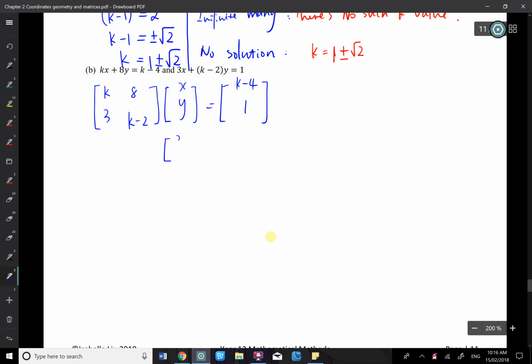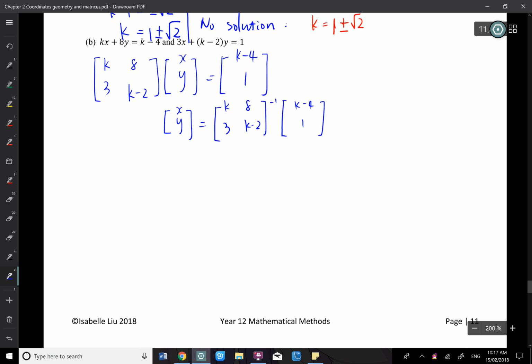Again, if I want to solve for x and y, all I need to do is this: multiply by the inverse of the front matrix.